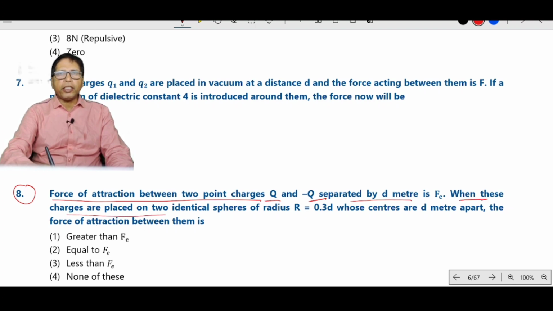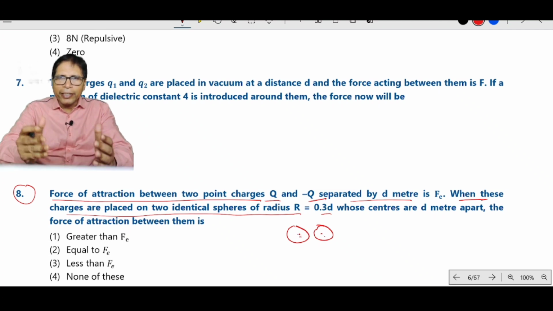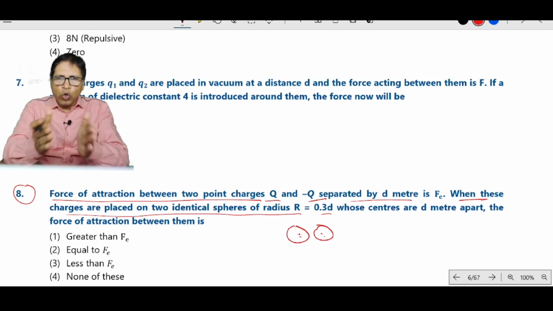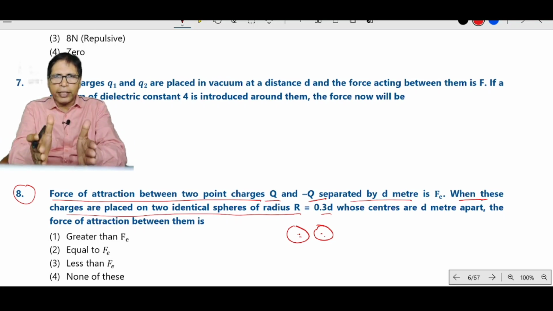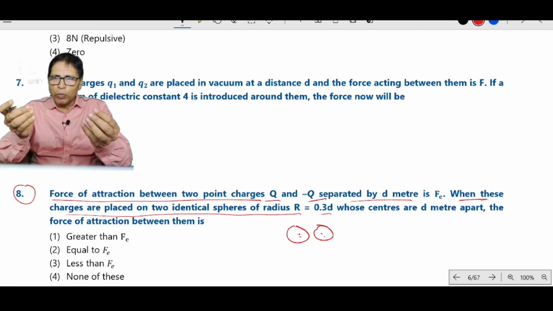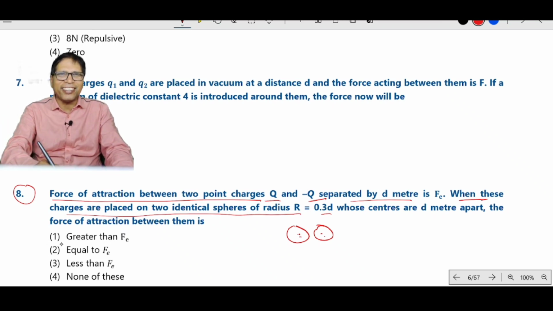When the charges are placed on two identical spheres of radius r equal to 0.3 d, whose centers are d meter apart, the distance of separation is not large, so the induction effect takes place. So the net distance between the two charges decreases. Therefore, the force of attraction increases. So the final force of attraction is greater than the initial force of attraction.